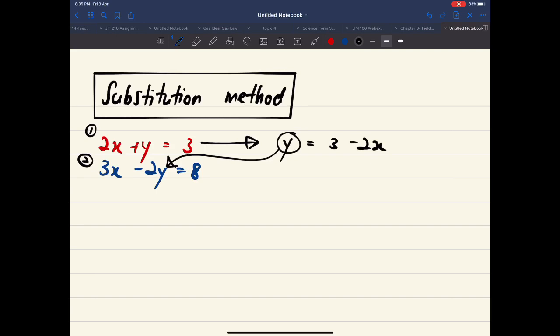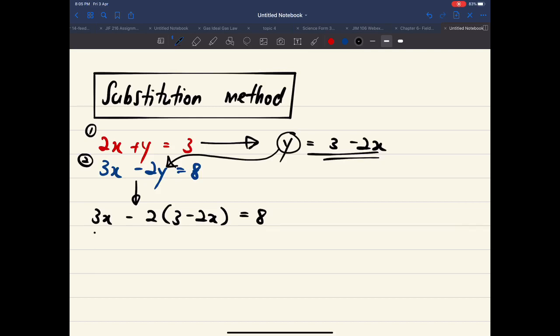So you copy back 3x minus 2y. Now what is y? y is now 3 minus 2x, closing the bracket, equals 8. Now you can just solve this, it is basic primary mathematics.